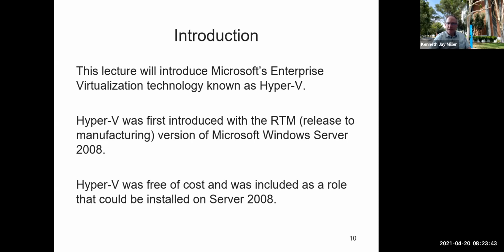Unlike VMware ESXi, where you have to purchase it and then add in all the other features that you need, DRS, failover clustering, the vCenter server, all of the features that we've looked at, that big laundry list of things that you can add into it. With Hyper-V, it's all there.